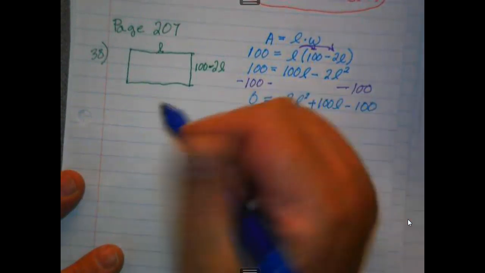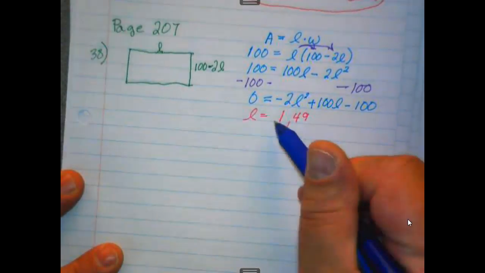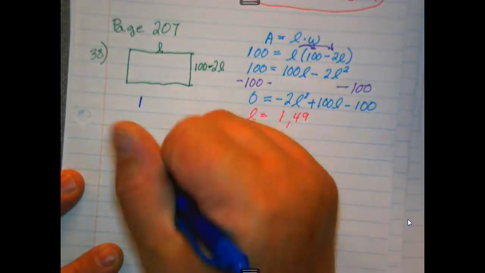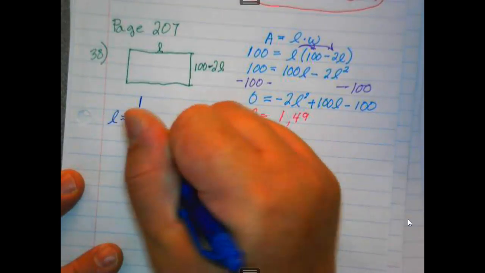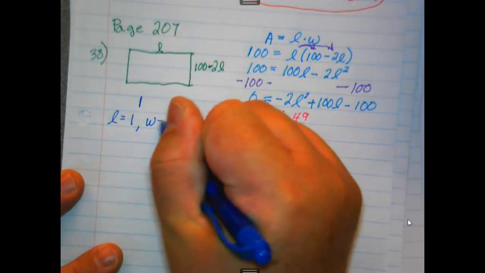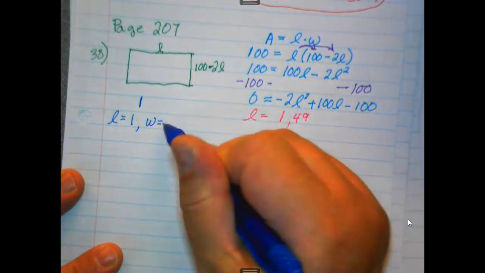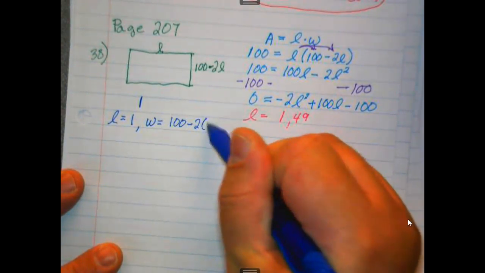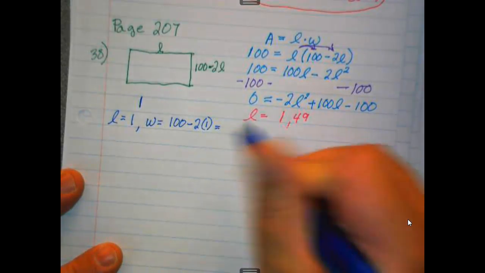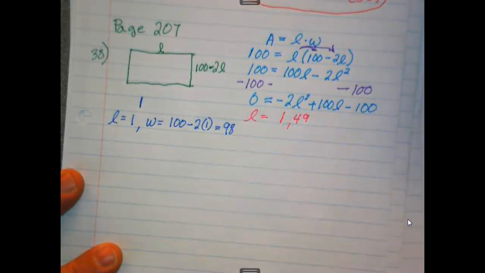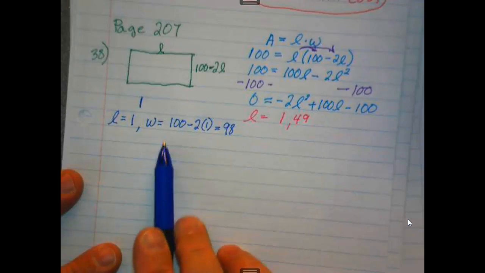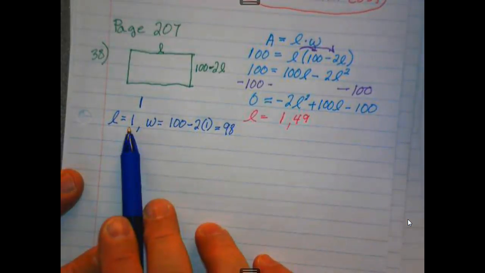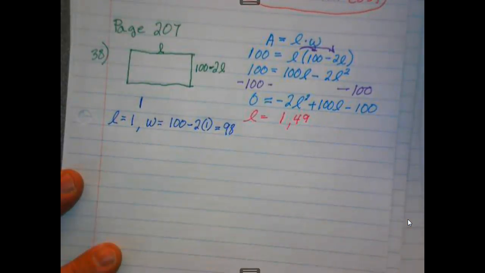Okay. So I could have a rectangle that, let's see if we use 1. Our L equals 1. Our W is going to equal 100 minus 2 times 1, which equals 98. And I bet you if we put in 49, we're going to get the numbers 1 and 98.